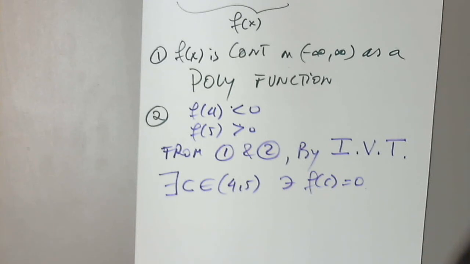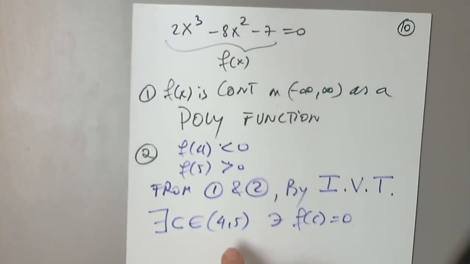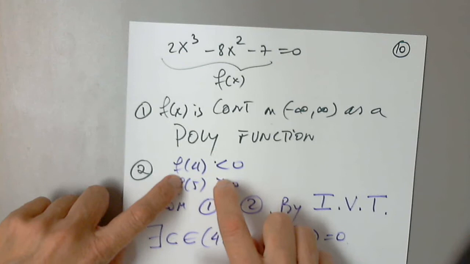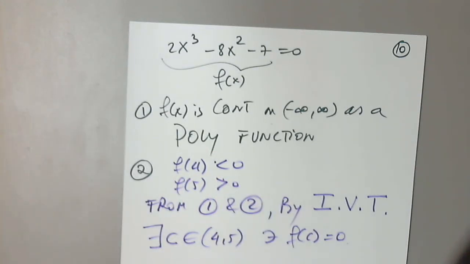You will see what we are going to do with this theorem in chapter 4, because the intermediate value theorem does not determine the solution for us. The next theorem in chapter 4 will. Any question on this? That's f of c equals 0. Okay. So there must be a solution between 4 and 5 because the function is continuous. It's negative at 4 and positive at 5. It has to go through 0 because it's continuous.